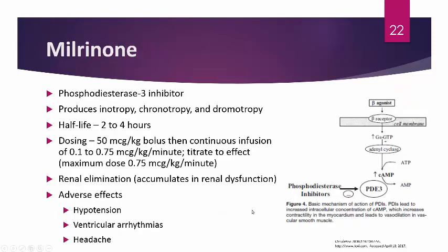The other inotrope agent that we will discuss is Milrinone. Milrinone is a phosphodiesterase 3 inhibitor, which is vastly different than all of the other agents that we've talked about vasopressor-wise, and also very different than dobutamine because it does not activate any alpha or beta receptors.